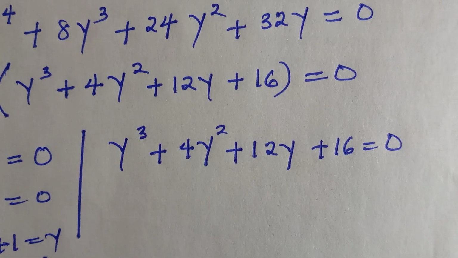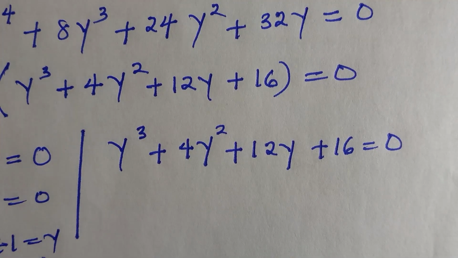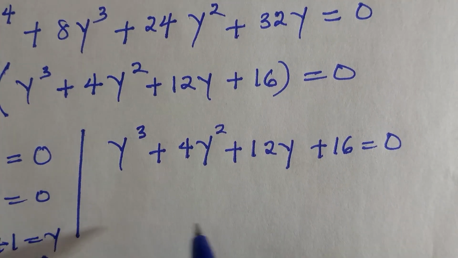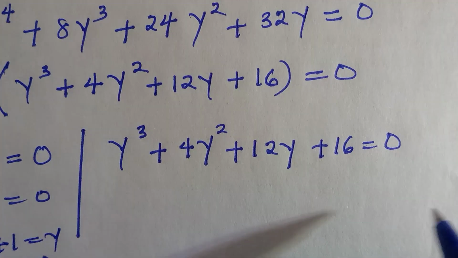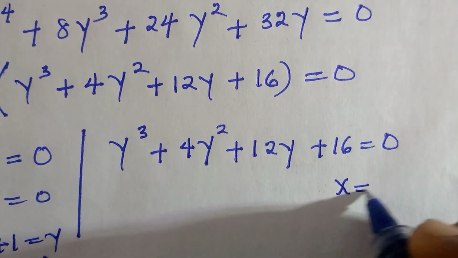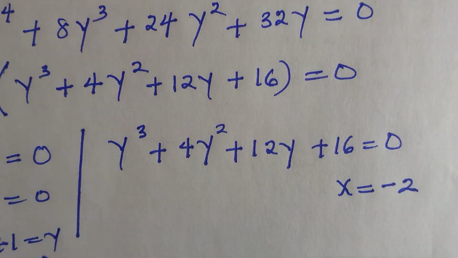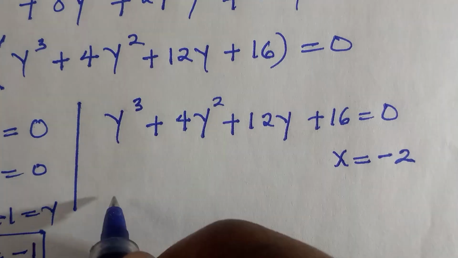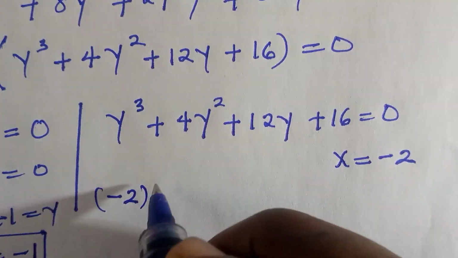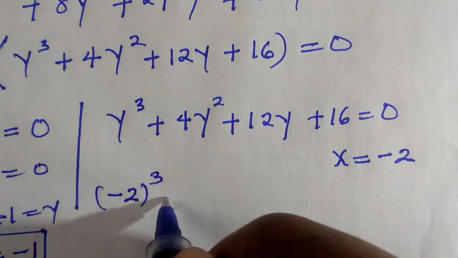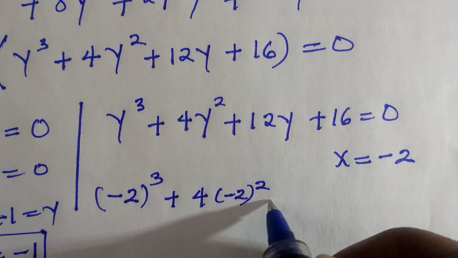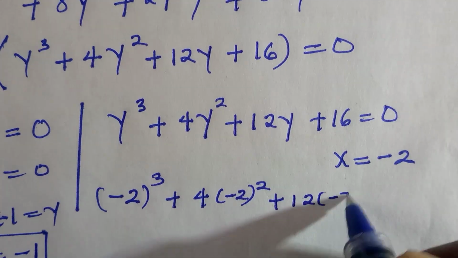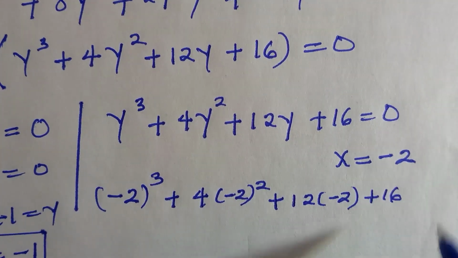We are going to assume another root and we start testing. So let's say we have x equals minus 2 from here. Let's start putting it in: minus 2 raised to power 3 plus 4 times minus 2 raised to power 2 plus 12 times minus 2 plus 16.